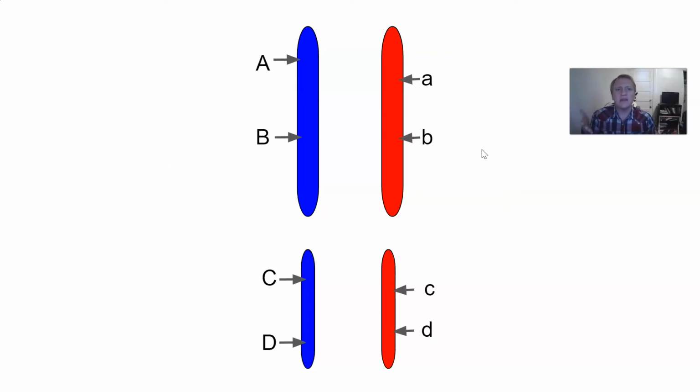And let's say we have some genes on each of these chromosomes. And this individual has a big A here and a little a here. This person is heterozygous. Remember, A is the gene, capital A is the allele, or B is the gene, capital B or lowercase b are the different alleles.